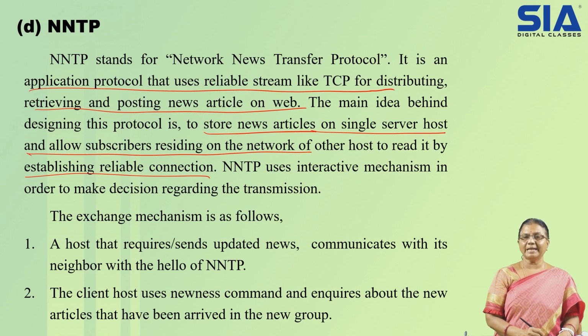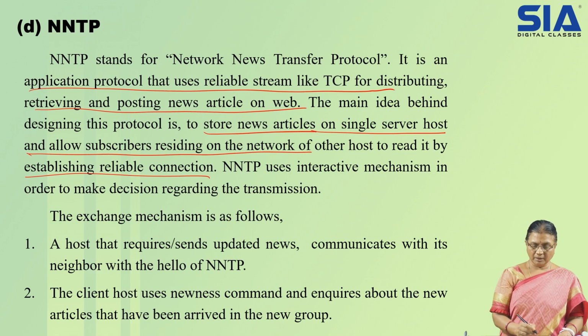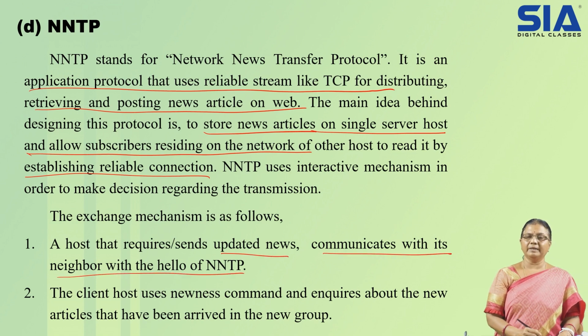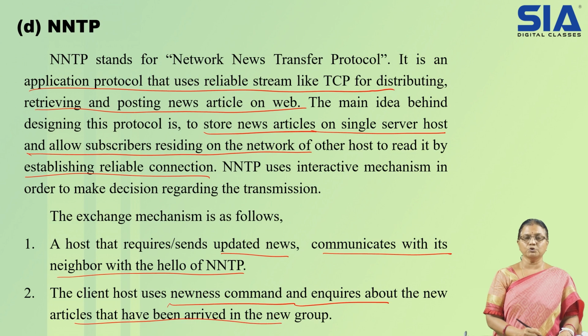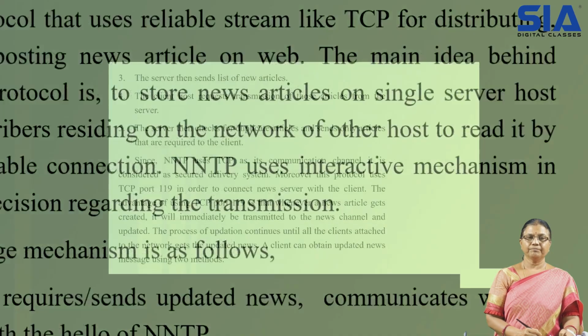It uses an interactive mechanism in order to make decisions regarding the transmission. The exchange mechanism is like this: a host that requires updated news communicates with its neighbor with the hello of NNTP. The client host uses the NEWNEWS command and inquires about the news articles that have arrived in the newsgroup.